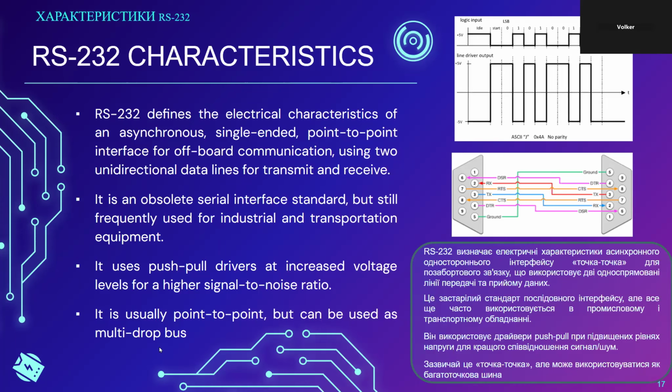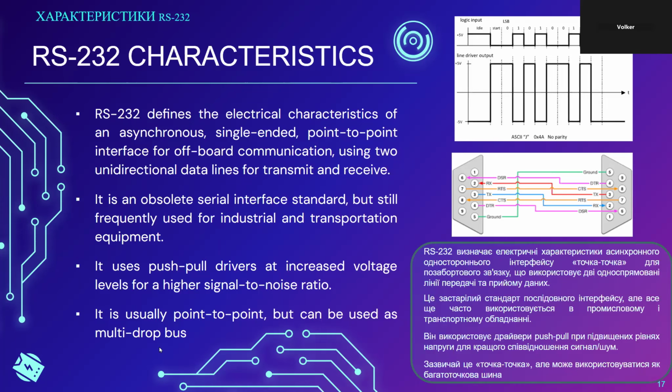It is pretty much obsolete. RS-232 is obsolete. It was part of most PC interfaces up to the 1990s. But it is still frequently used, and most importantly, you can still go to AliExpress and buy USB to serial converters that will implement the RS-232 interface, including the voltage levels.